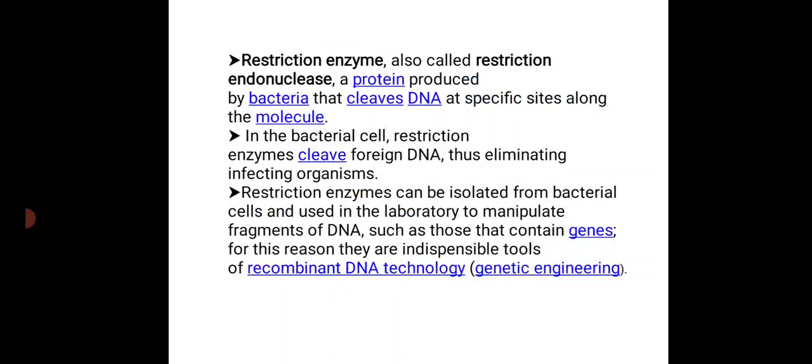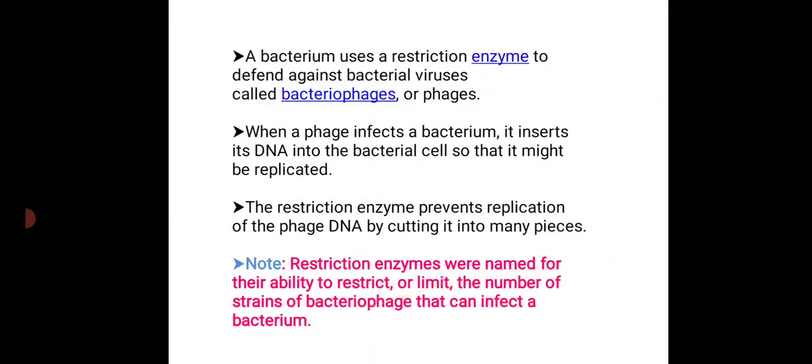In the bacterial cell, restriction enzymes cleave foreign DNA, thus eliminating infecting organisms. Restriction enzymes can be isolated from bacterial cells and used in the laboratory to manipulate fragments of DNA such as those that contain genes. For this reason, they are indispensable tools of recombinant DNA technology, or genetic engineering.